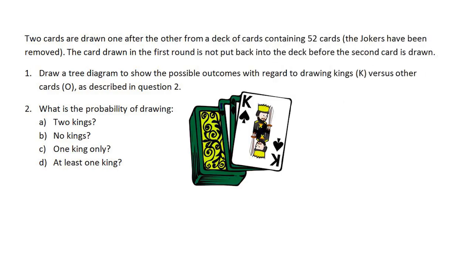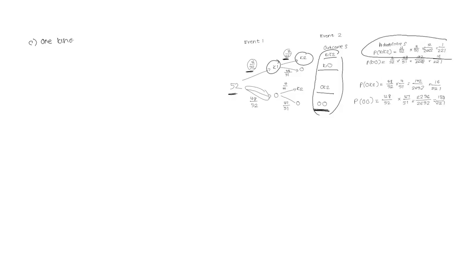The next question asks us to determine the probability of drawing one king only. This is equal to drawing a king in event 1 or drawing a king in event 2.